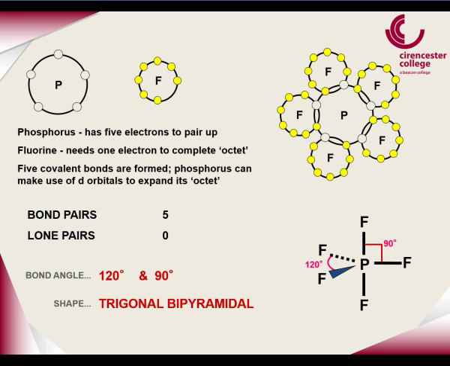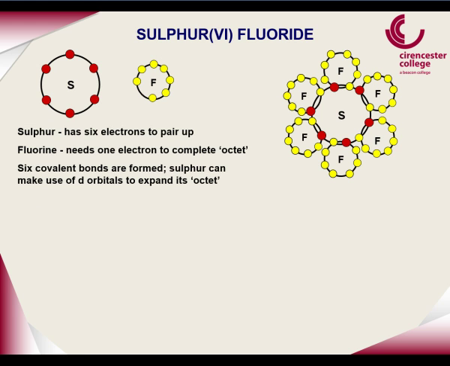And we can expand this story by having 6 fluorines around it. So if we look at the example of sulfur hexafluoride, sulfur has the ability to extend its orbitals, therefore it can form bonds with 6 fluorine atoms.